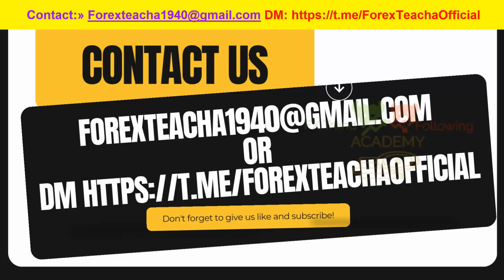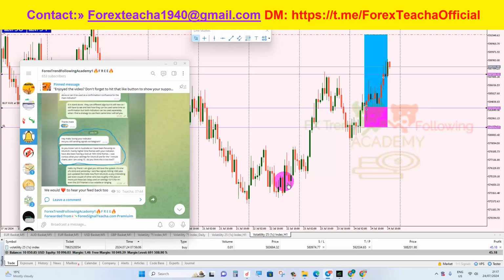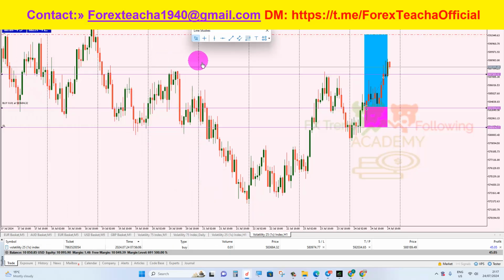And this is a volatility index trading system. You can trade any index. You can also trade step index, jump index, and you can even trade boom and crash, but I don't recommend it because boom and crash do not respect stop losses or take profits. So I recommend that you stay with the ones that do allow you to set take profit and stop loss.